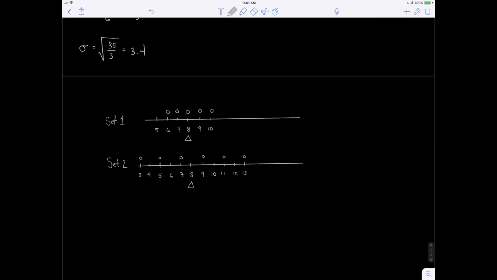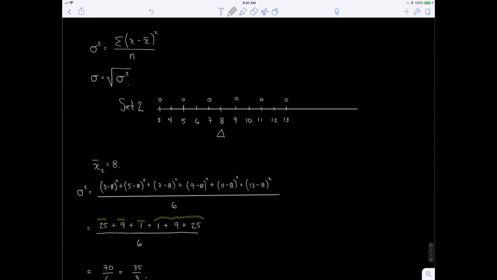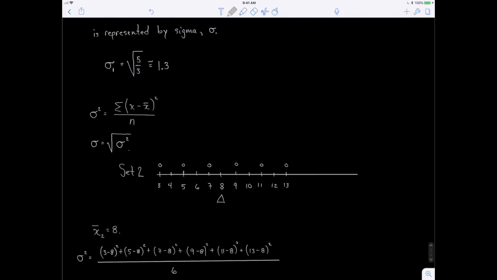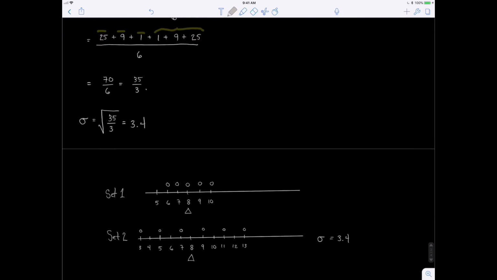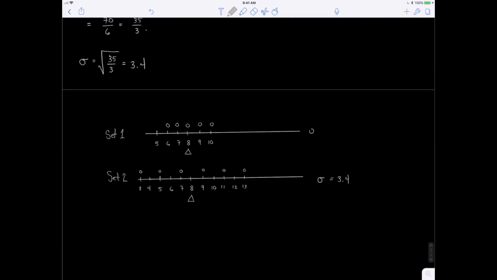Here's what we found. Our second data set has a standard deviation of 3.4. Our first data set had a standard deviation right there, you can see that, of 1.3.